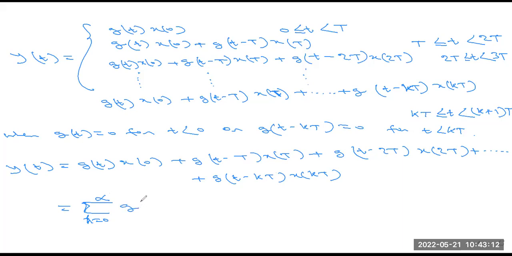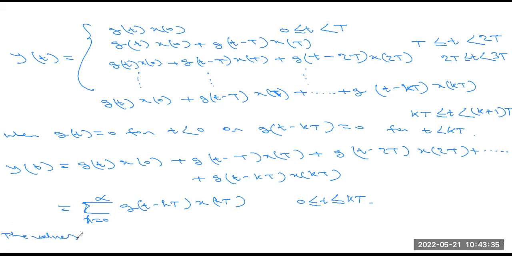That is g(t - hT) x(hT), where 0 is less than t less than or equal to kT.